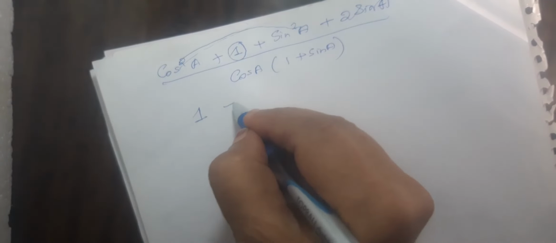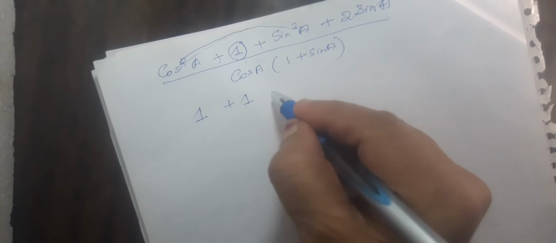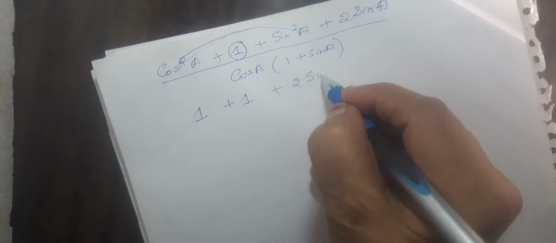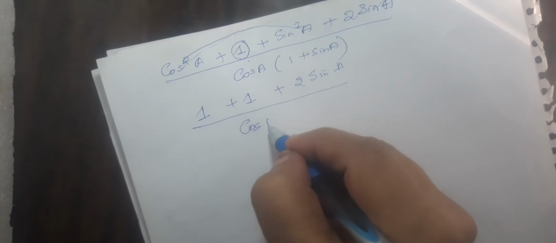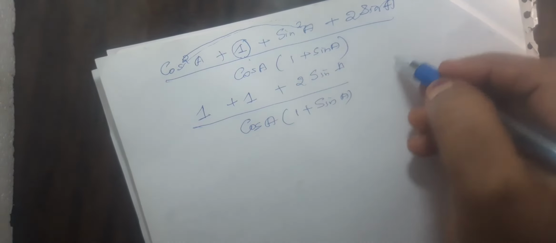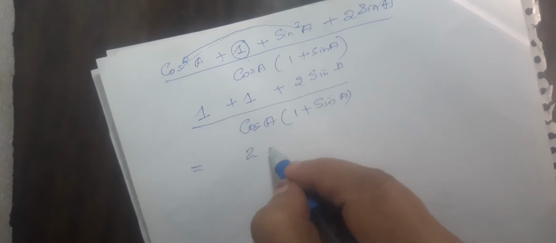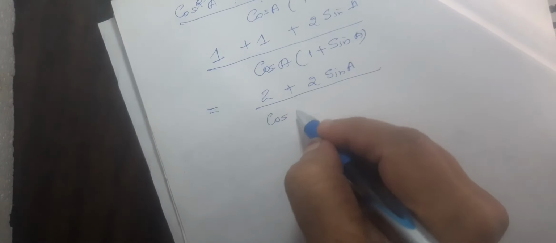So I will write that as 1 plus 1, which I have circled, you see. So 1 plus 1 plus 2 sin A by cos A into 1 plus sin A. Now this is equal to 2 plus 2 sin A by cos A into 1 plus sin A.